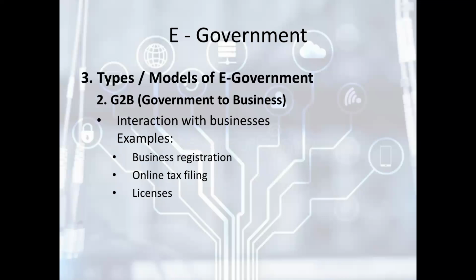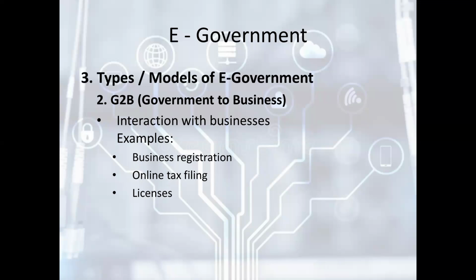Government to business: interaction with business. Example, business registration. To start a business, you have to register with a particular government institute, and for that registration you can use the online mode.